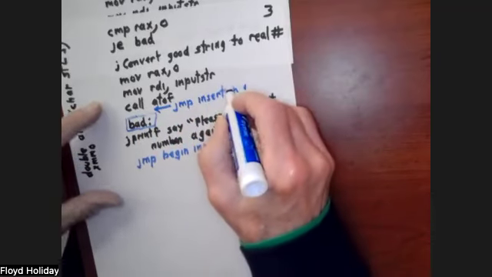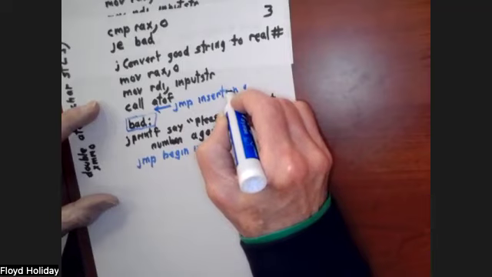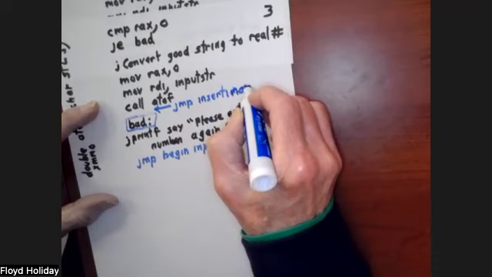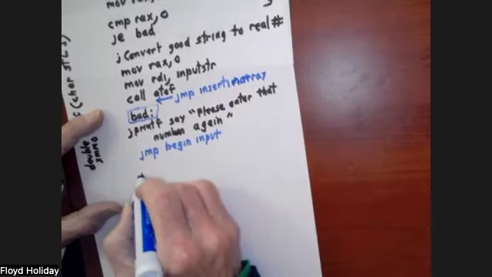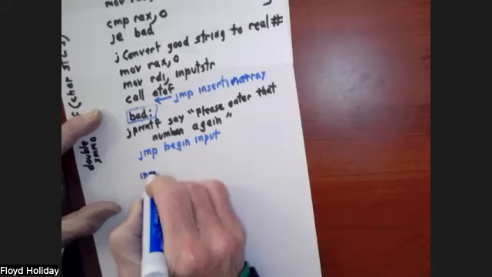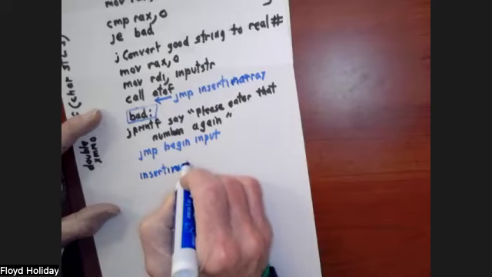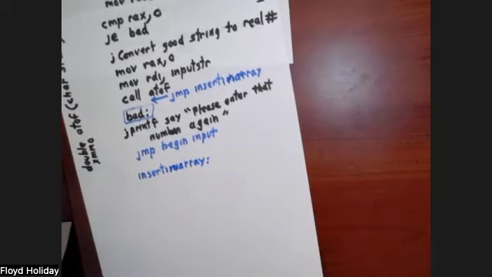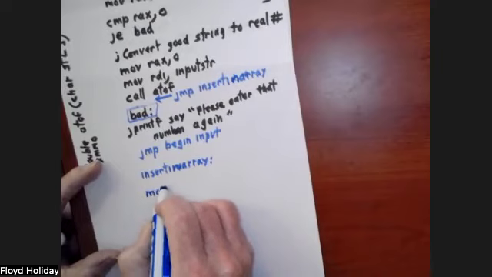Now I can't have all those spaces in there. Insert in array. Okay.